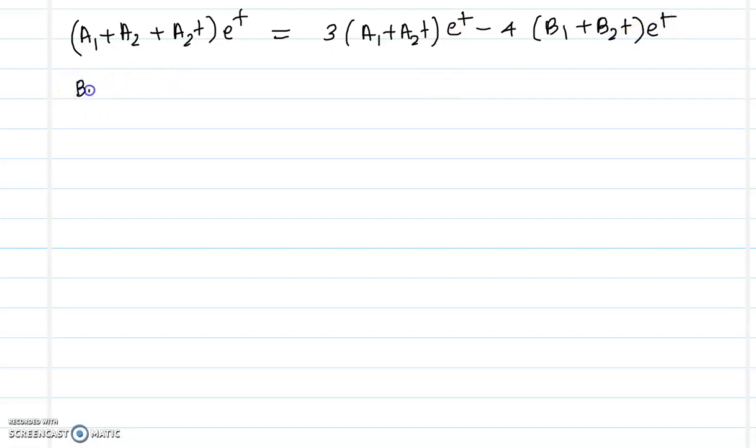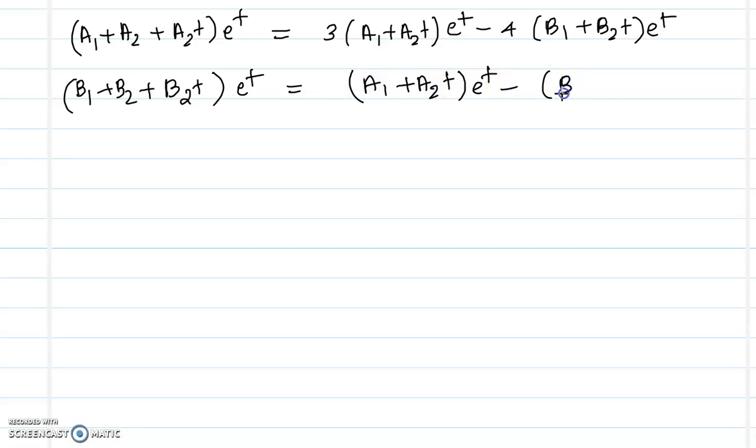Now the second equation will be (b1 + b2 + b2 t) e^t, that will be equal to x minus y. So we will get (a1 + a2 t) e^t minus (b1 + b2 t) e^t. Now e^t will cancel out on both sides.